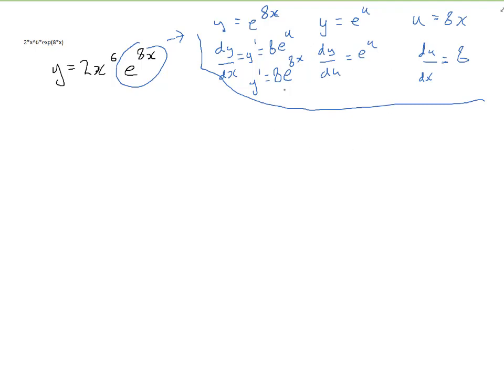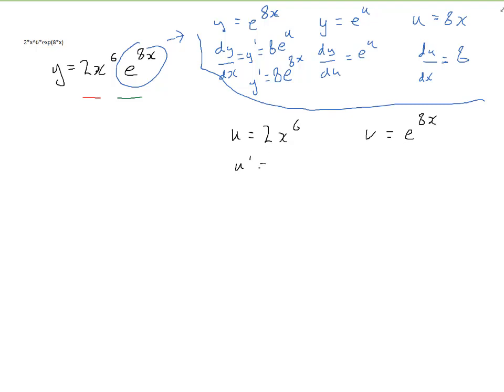Now we have that, we are ready to do the second part, which is the product rule part, and we're looking at this times this as u and v. To avoid bringing in too many letters, I'll stick with u and v, even though the u is different from the earlier u. So forget that u. y is equal to uv. u is equal to 2x to the power 6, and v is equal to e to the 8x.